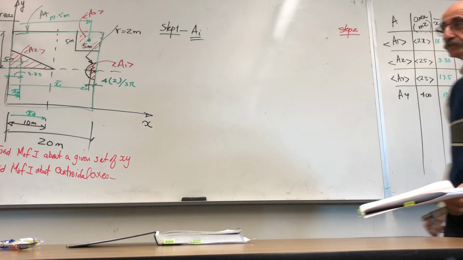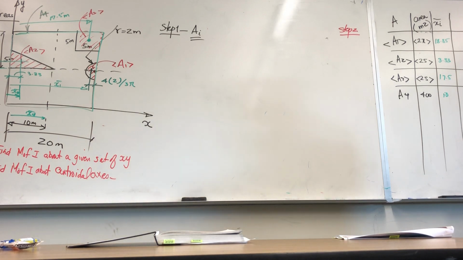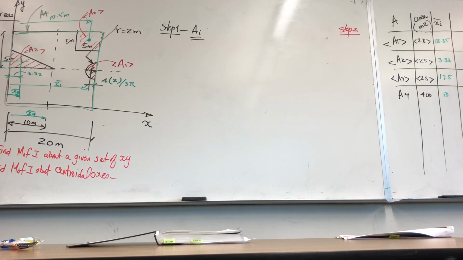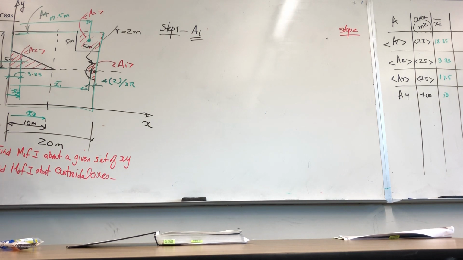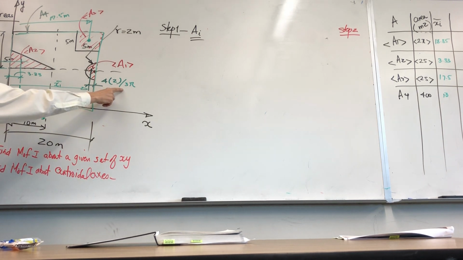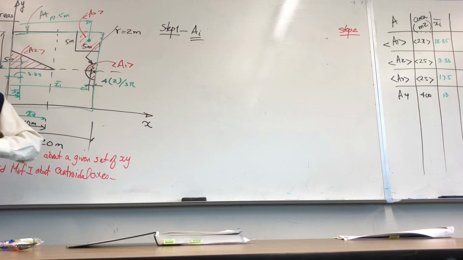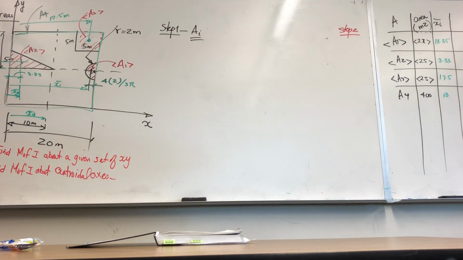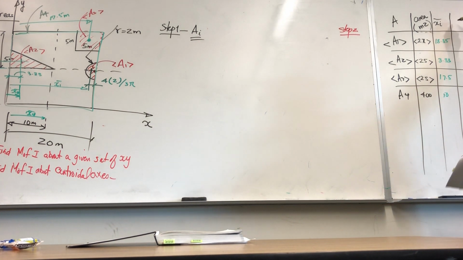So the next column was what? 8 divided by 3 pi, isn't too bad. The 4 times 2 over 3 pi. Plus, never mind. So yeah, that should be 17.